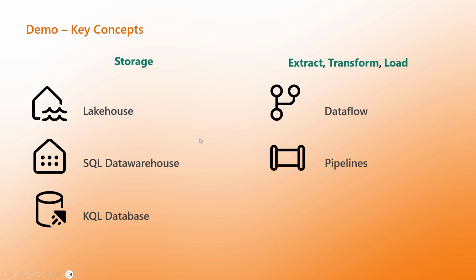Next, there are data pipelines. Data pipelines are useful for the same things as Power Query. You can use them to copy data from one location to another. You can transform it using scripts or stored procedures alongside many other tools, and then you can put it in a destination.